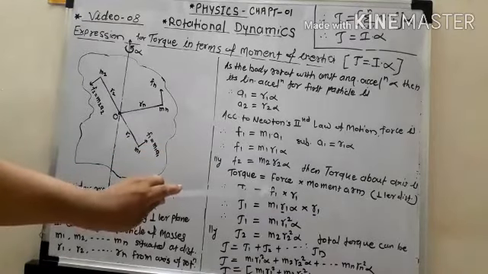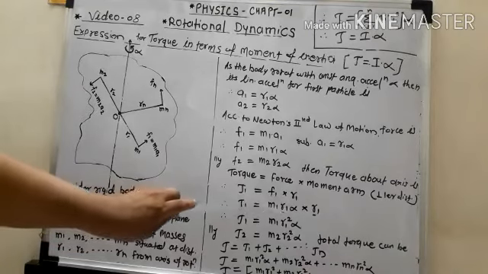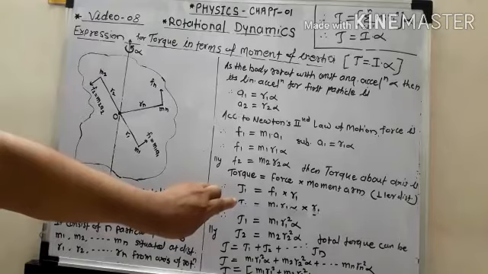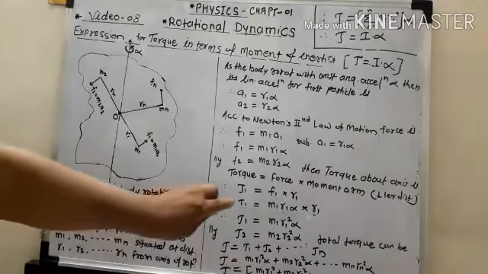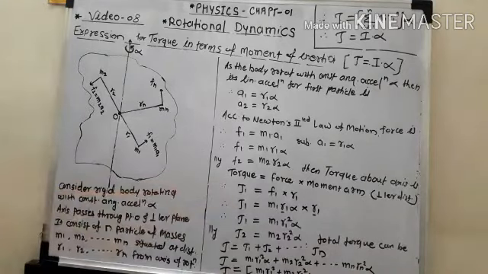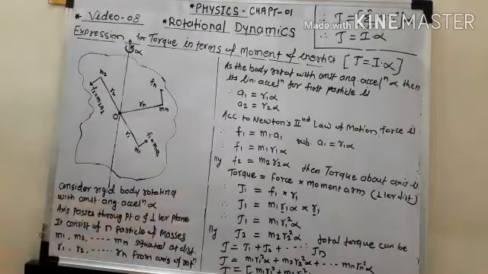Substituting this value instead of F1, we get τ1 is equal to m1 R1 alpha into again this R1. This is the moment arm or the perpendicular distance. Instead of R1 into R1, we can write simply R1 square. Therefore, τ1 is equal to m1 R1 square alpha.